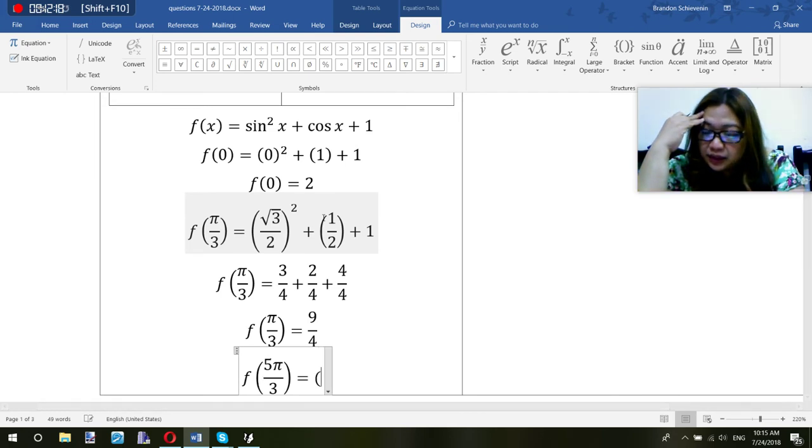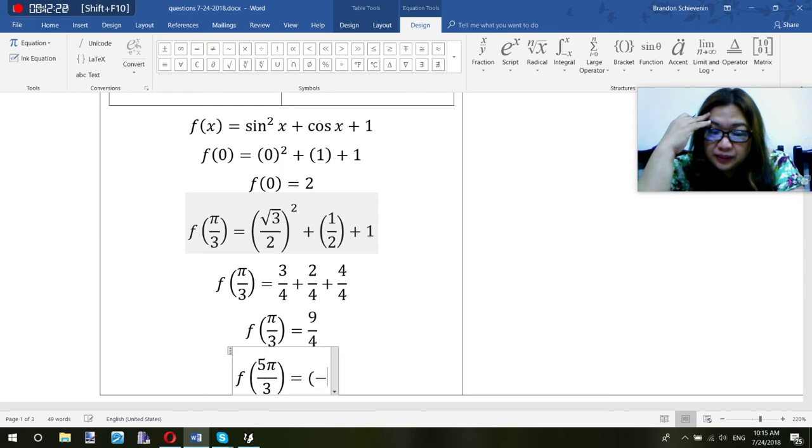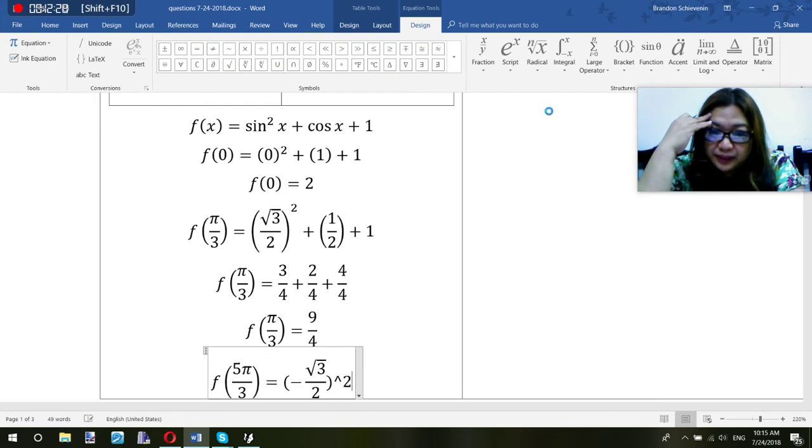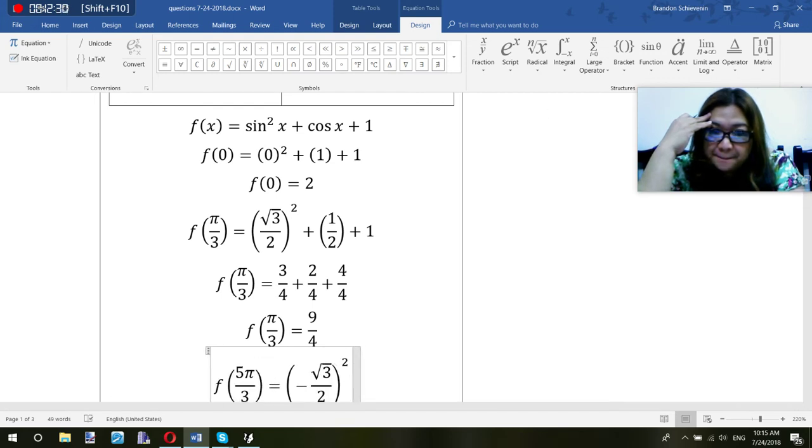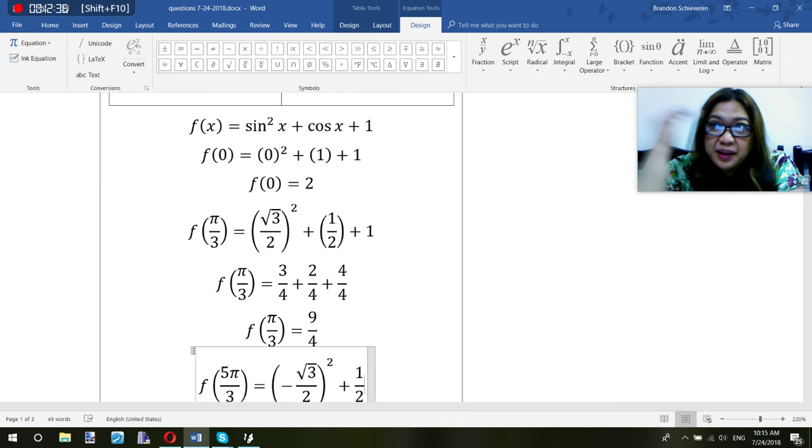That is square root of 3 over 2. It's a y value though, so it's negative, so negative root 3 over 2. And then I'm going to square it. Plus, what's the cosine at 5 pi thirds? It's positive 1/2, because our x value is going to be positive on that side, but our y value will be negative.